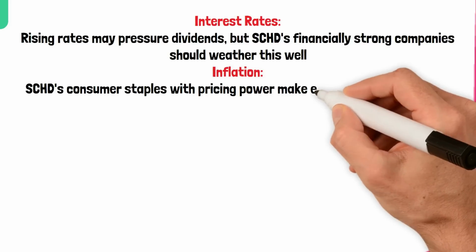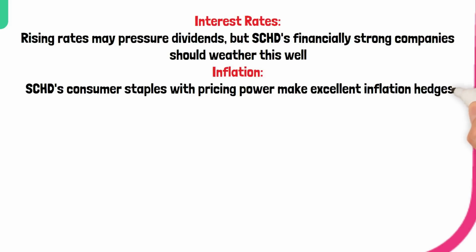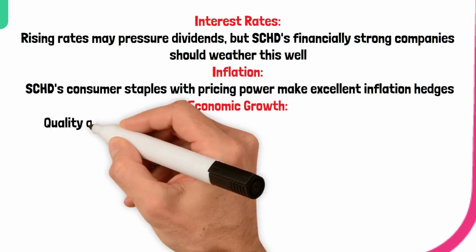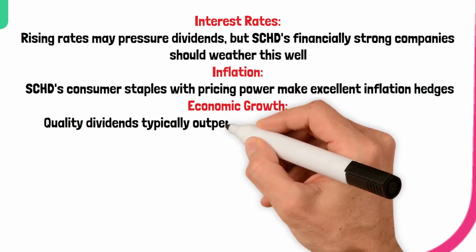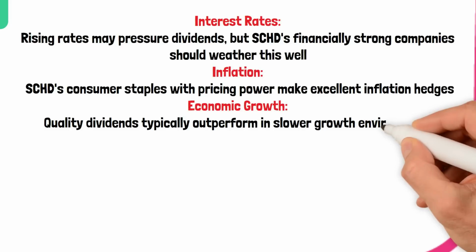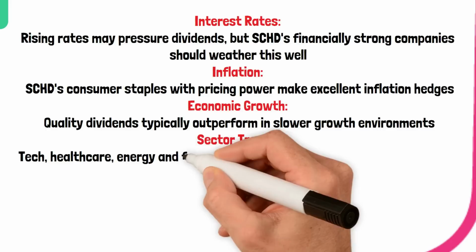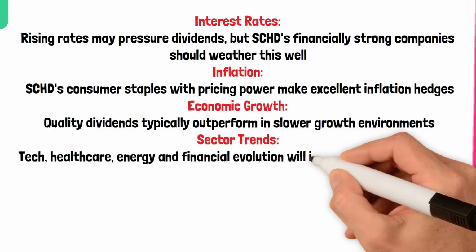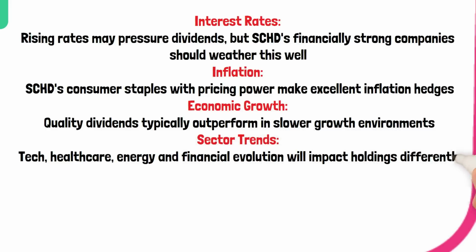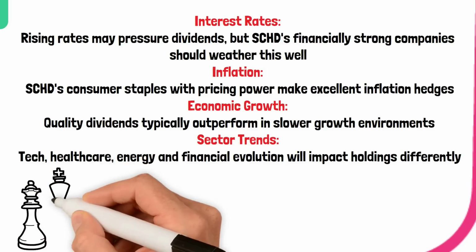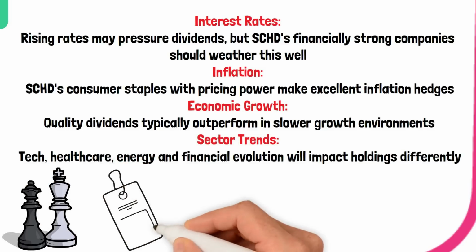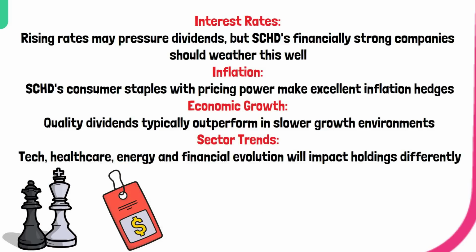SCHD's consumer staples with pricing power make excellent inflation hedges. Economic growth. Quality dividends typically outperform in slower growth environments. Sector trends. Tech, healthcare, energy, and financial evolution will impact holdings differently. In this volatile market, our strategy of targeting undervalued SCHD components becomes increasingly valuable.